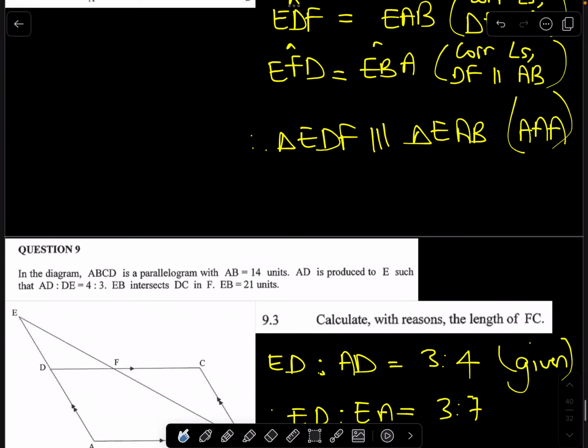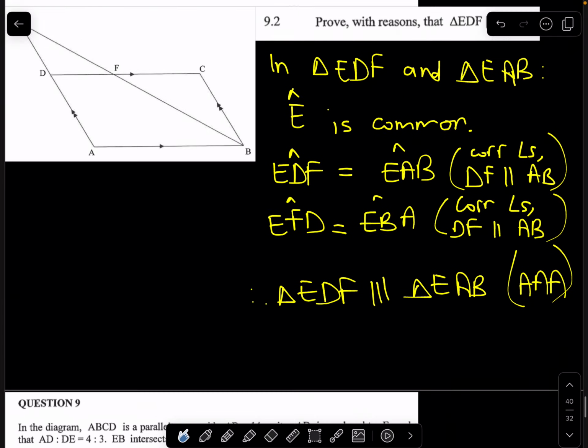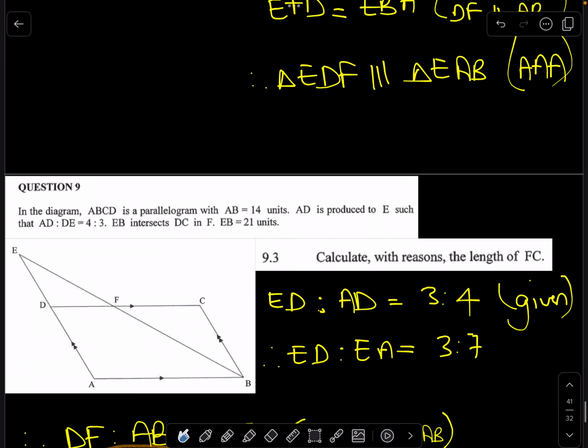We worked out the length of FB previously, and we would know the length of this, so then we would know, okay, I presume these are the proportional sides in these two triangles.